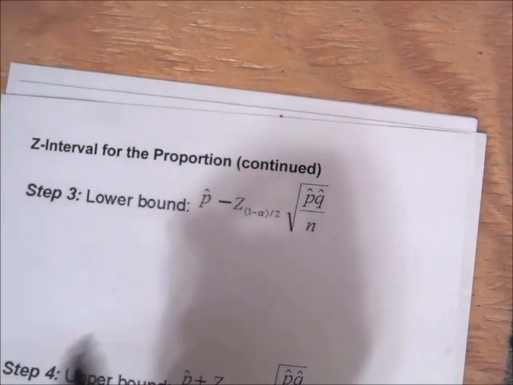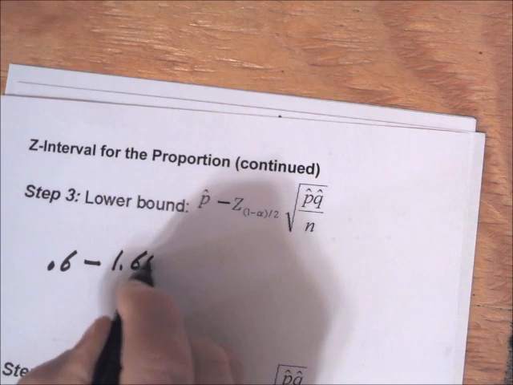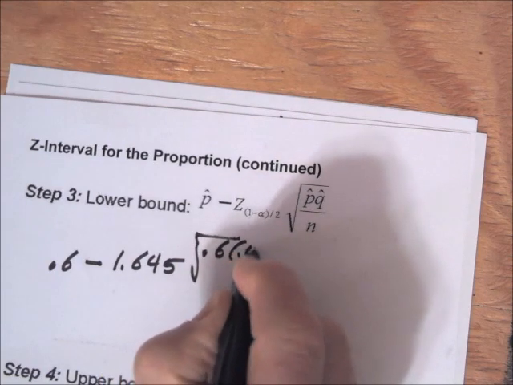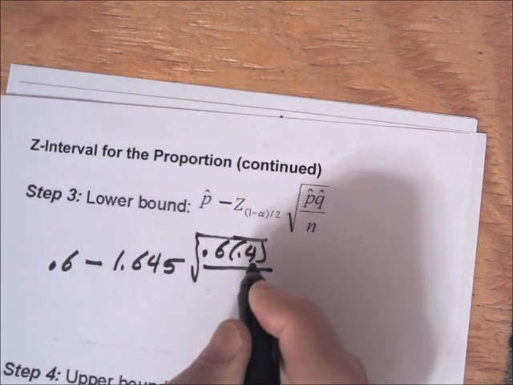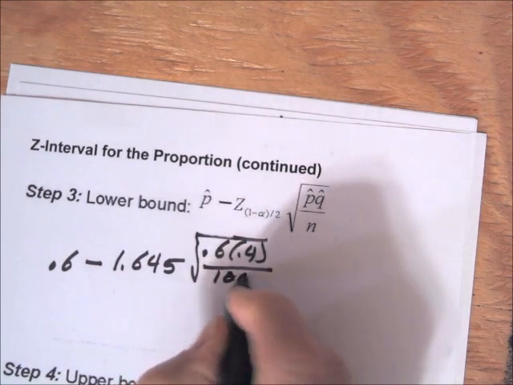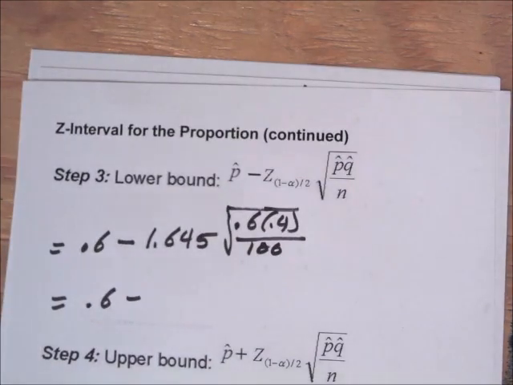So it's going to be p hat is 0.6 minus 1.645 times the square root of p hat is 0.6, q hat is 0.4, sample size is 100. 0.6 minus, and then if we put this in the calculator, 1.645 times the square root of 0.24 divided by 100, 0.08.